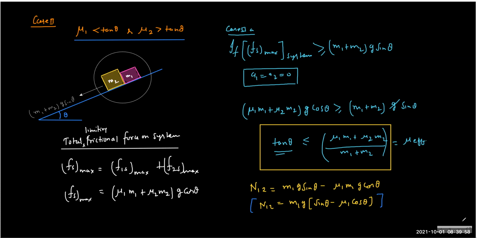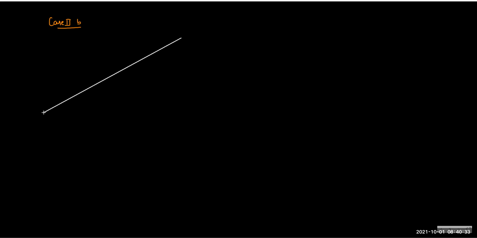So now we are done with the first part, the case 2A part. So the obvious choice for the next part will be what? So case 2B part. And what is that? Okay, no, the diagram is not important.